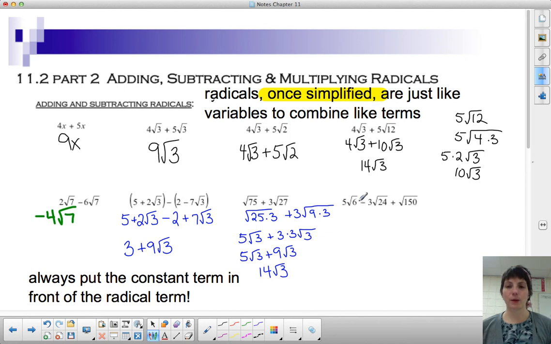6 doesn't have any perfect squares, so 5 root 6 is going to stay. 24 does have perfect squares stuck inside. I'm going to do one where we use a factor tree here. So 24. And hopefully this is one of those ones that eventually you'll just have memorized. You won't have to do a factor tree ever. 2, 6, 2, and 3.